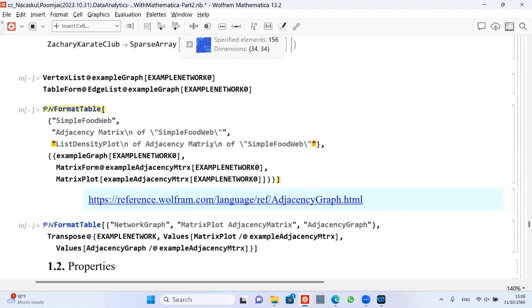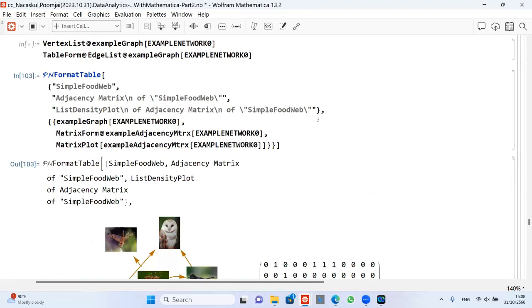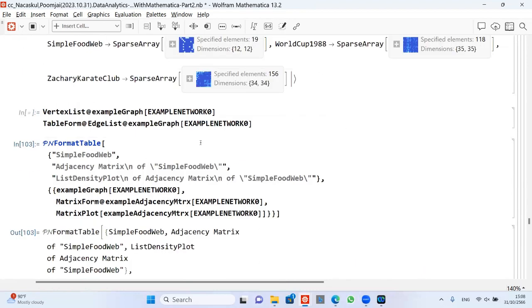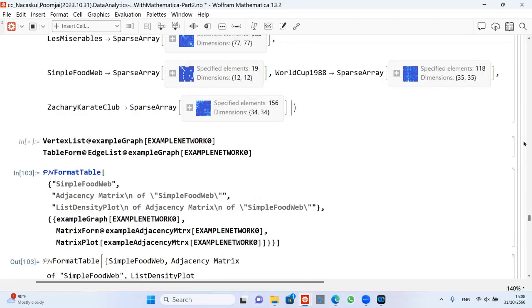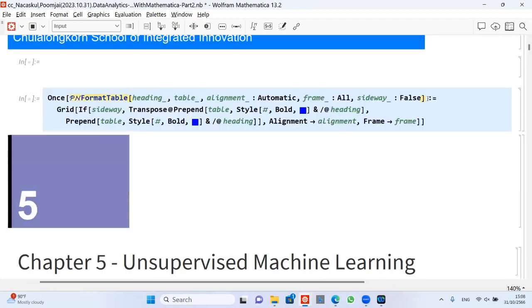Now this one is, okay. I just make a show and tell. Oops. Oh, I forgot to run this line. In the very beginning of this file, shift enter this one, guys. This is nothing more than a nice table.